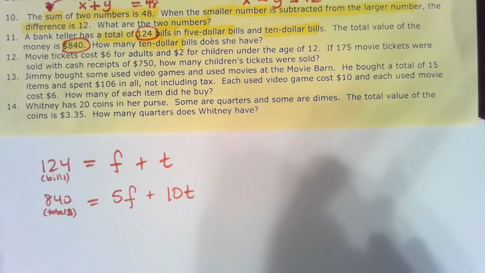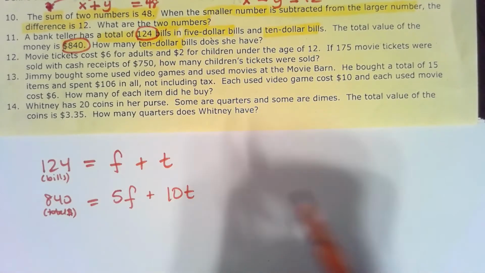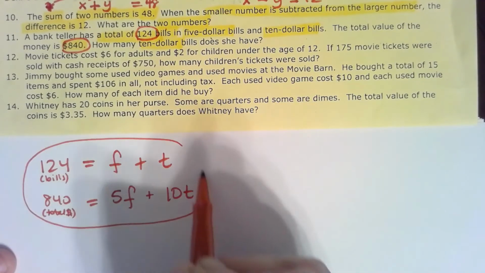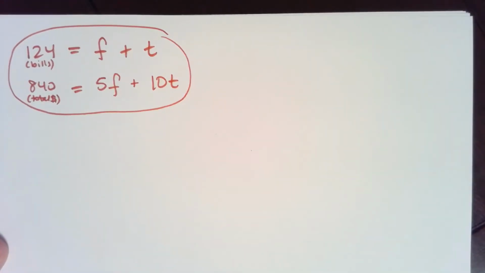Okay, now that I've got this system, I have to figure out how I'm going to solve it. I'm going to leave this system written just like it is, because I'm done with this word problem now. I've rulered my way into being done with this word problem, and I'm super stoked about that. So now I'm going to actually start solving.